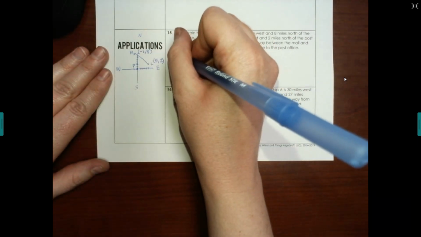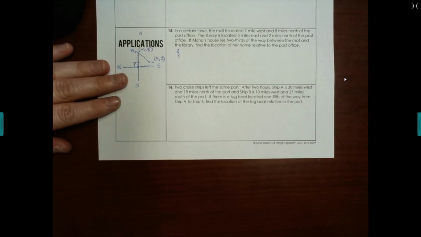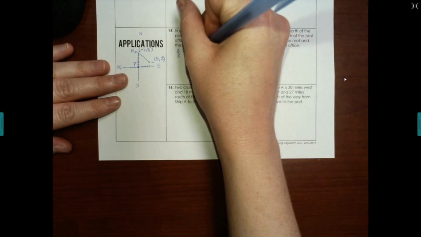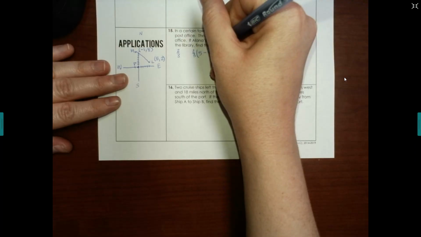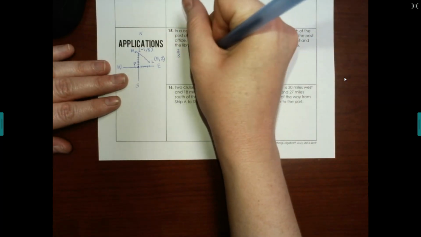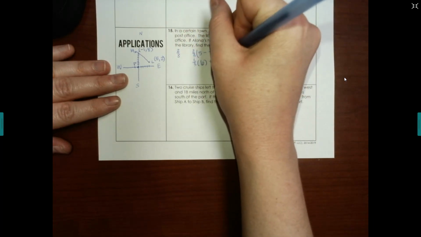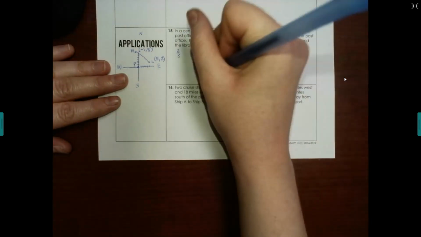So I believe that means our fraction is just 2/3 as it was given, right? Because it's 2 to 3 for their part to whole. So then we will plug into our formula. 2/3 times x2, 5 minus x1, -1, plus x1, -1. 2/3 of 6 plus -1. 2/3 of 6 is 4, plus -1 is 3.